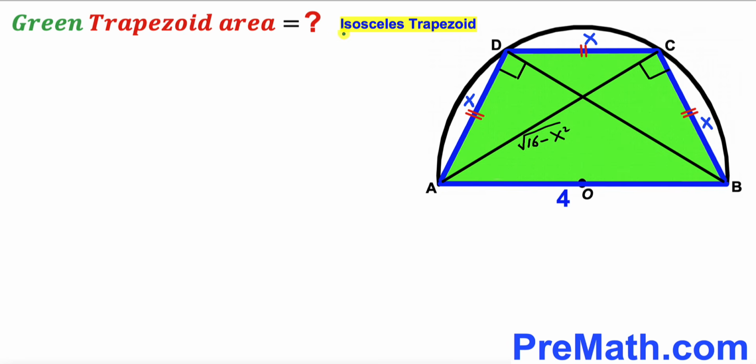And since we are dealing with this isosceles trapezoid, this BD length is going to be equal to this AC length. We know this AC length is the square root of 16 minus x squared. So this diagonal BD length has got to be the square root of 16 minus x squared as well.